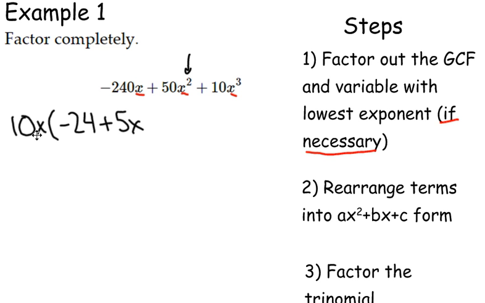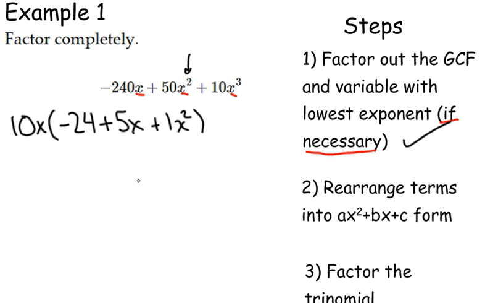And then 10x multiplied by what will give me 10x to the third power? So that's going to be 10x multiplied by 1 to get that 10, and then by x squared to get that x to the third, because that x squared times this x will give me that x to the third. So we did the first step.